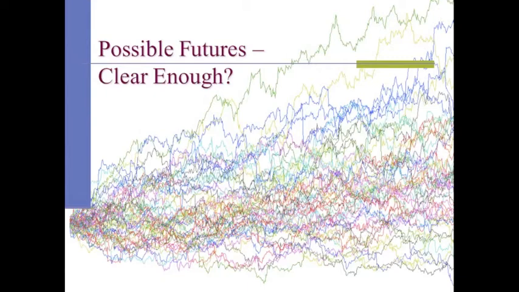The question is, how do we digest it into something that might be analyzable? So if you look down the right-hand side of this picture, these are all the ending values of the various simulated futures. And we could create a distribution or a histogram of those points along the right-hand side of this picture.